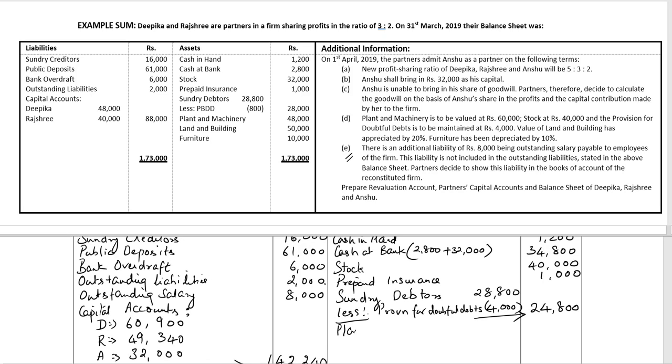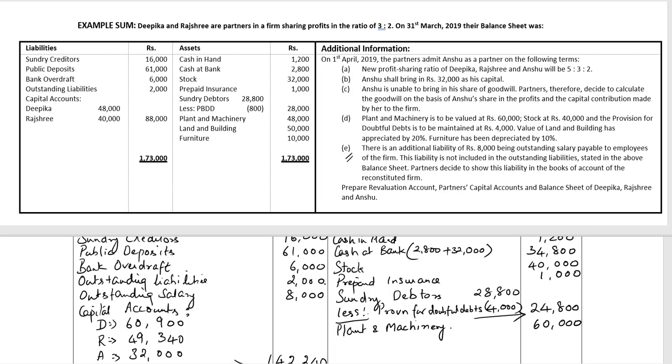Plant and machinery, it's valued at 60,000 rupees. Land and building, we increased the value by 20% or 10,000 rupees. So now it's 60,000 rupees.